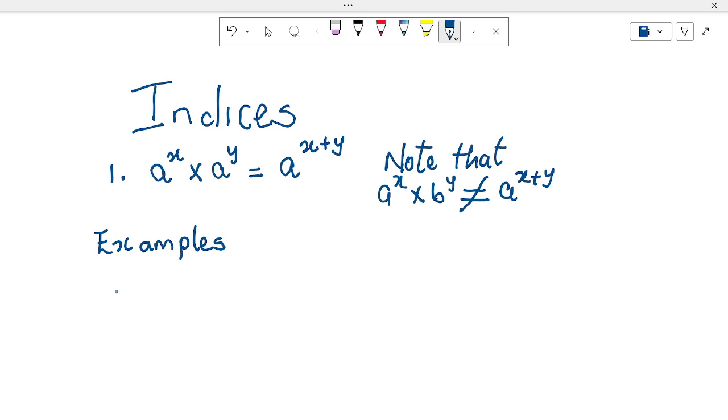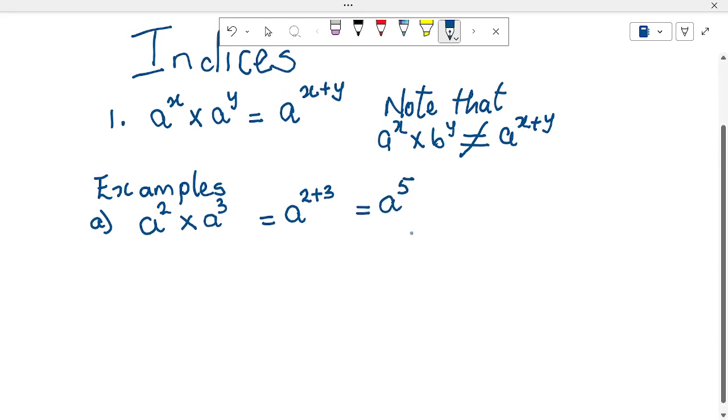Example A: if you have a raised to power 2 times a raised to power 3, the answer here is a raised to power 2 plus 3, which is the same thing as a raised to power 5. Can you see? That is an example.